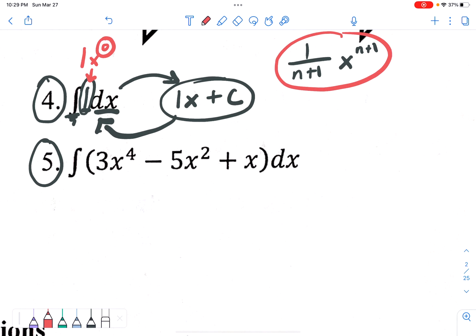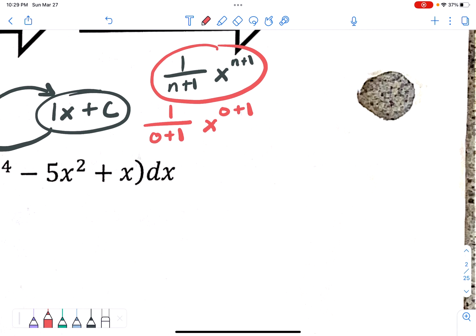Here n is 0. I have 1 over 0 plus 1, x to the 0 plus 1. I just plug my 0 in for my n and we're good to go. So 1 over 0 plus 1 comes out to be 1, and x to the 0 plus 1 is the first power.